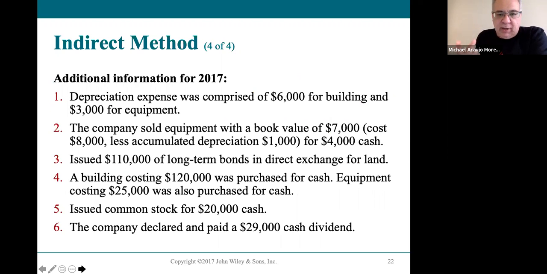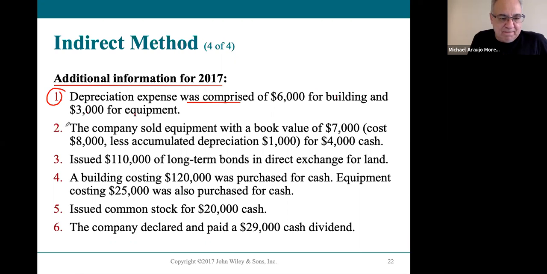That's 1 and 2, the income statement and comparative balance sheets. The third piece of information we need is what we call additional information. It's important to note all of these because they're going to be factored in on how we calculate cash for cash flow. First thing you notice is depreciation expense was $6,000 for the building, $3,000 for equipment.